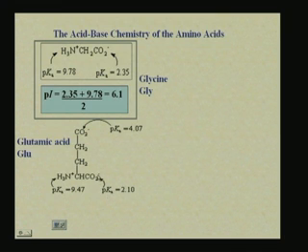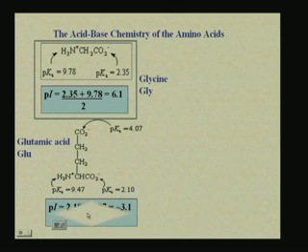So, it first loses this one, right. So, in between these two my charge is 0. So, what is my pI value? 2.1 plus 4.07 divided by 2.